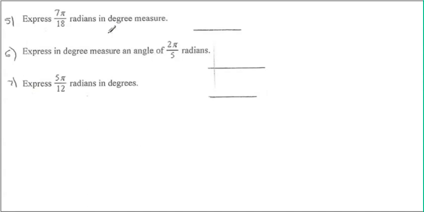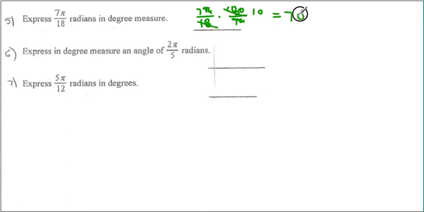Alright, so we want to convert these into radians, expressing radians in degree measures. One way you can do it is this: 7 pi over 18, we can multiply that by 180 over pi. When you want to go from radians to degrees, that's one way to do it. Then the two pi's cancel out, and 18 and 180 cancel out to be 10.